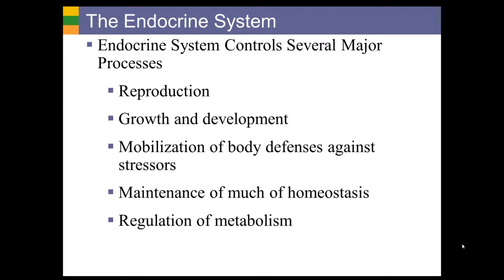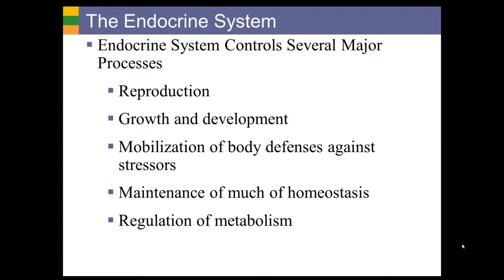The reproductive system is controlled primarily by the endocrine system. Growth and development. At one time, you were what, 6 pounds, 7 ounces, maybe a little less, maybe a little bigger, and look at you now, right? You are much larger and you look different than you did when you were initially born. That growth and development process was controlled primarily by the endocrine system. When you get sick and your body defenses have to be mobilized, they are controlled primarily by the endocrine system.